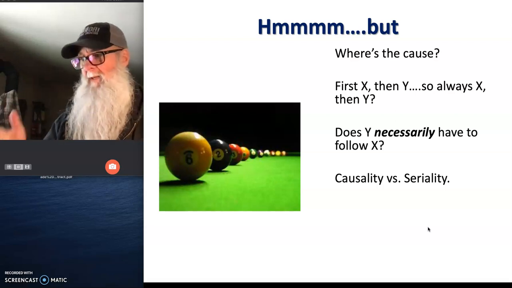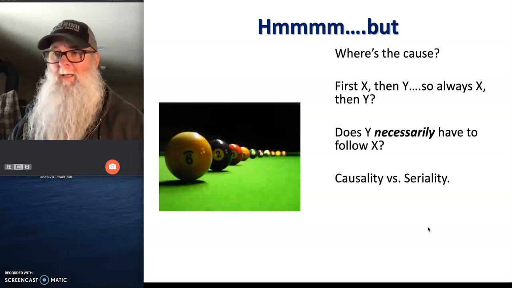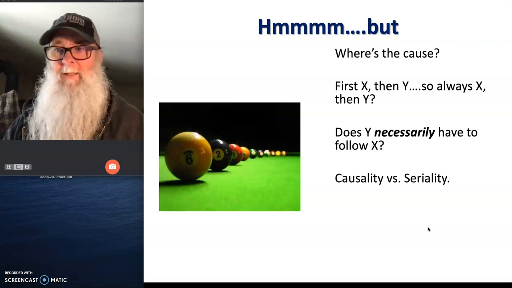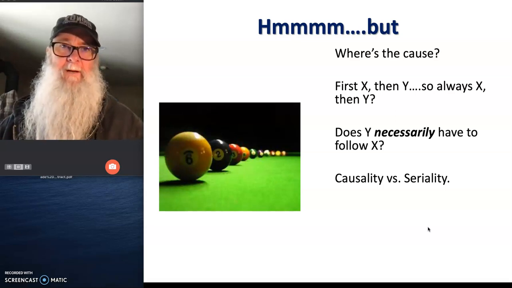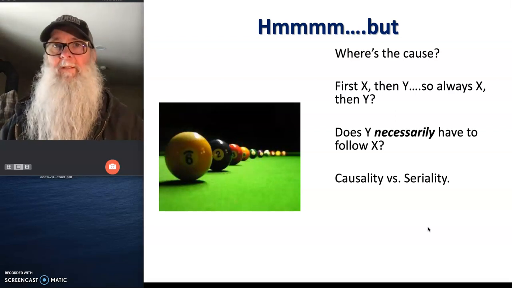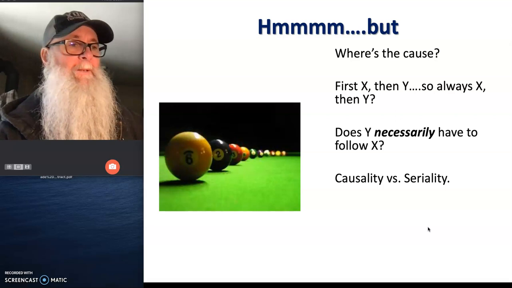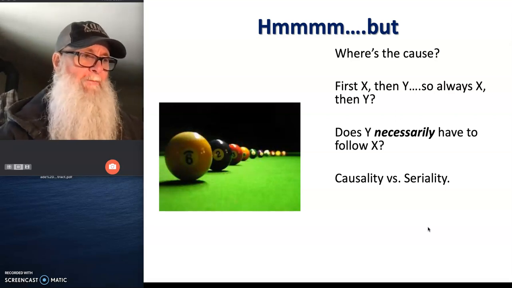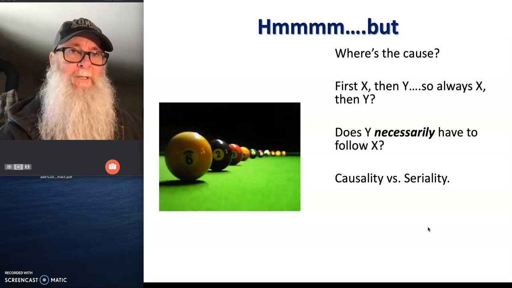So yes, maybe somebody was mumbling a spell next to a cow, and then the next day that cow dropped dead, but that doesn't necessarily mean that the spell was the cause of the cow's death. You can think of plenty of things that we would chalk up to coincidence. They happen either at the same time or one after the other, and there appears to be some cause-effect relationship between these two things, but in actuality there's not.